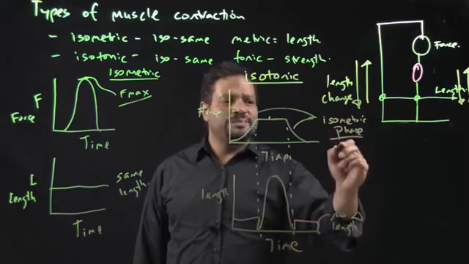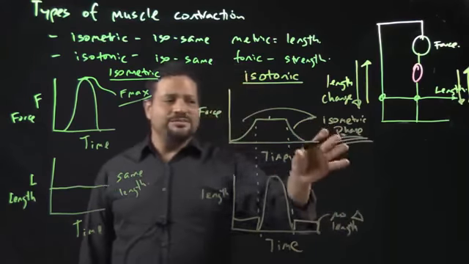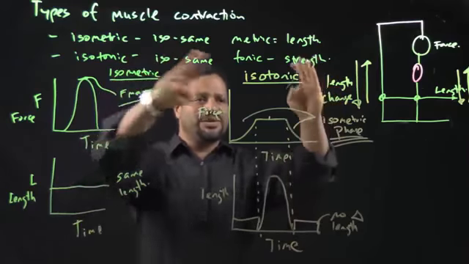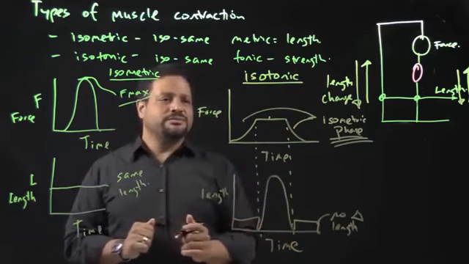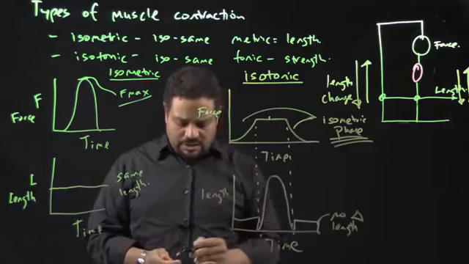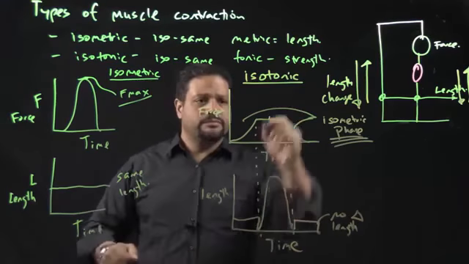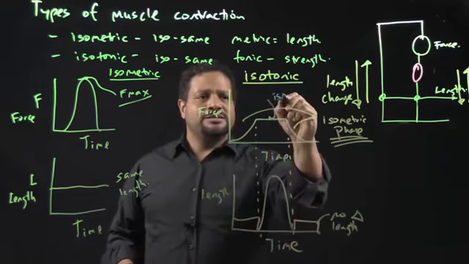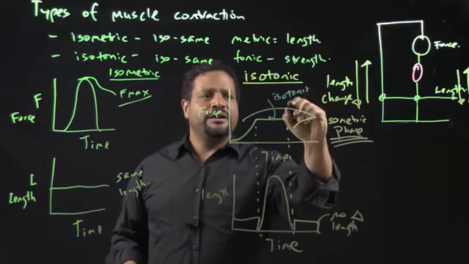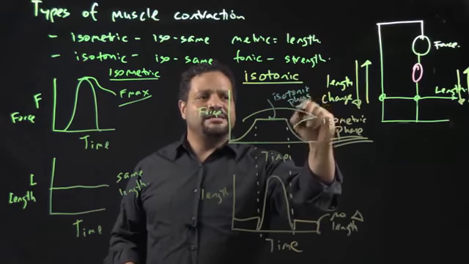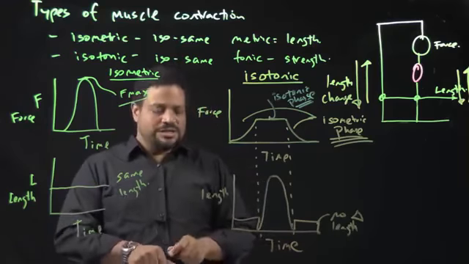So it's not isometric contraction, it's isometric phase occurring within the isotonic contraction. This portion over here is called the isotonic phase. So there's two different phases.